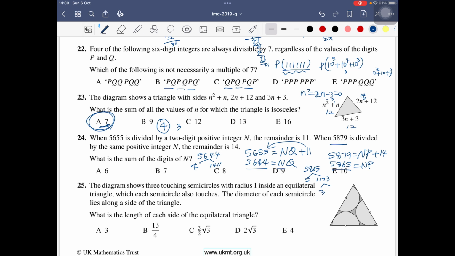So 3, 27, 1. This one, oh, I don't know what can be further. Maybe the sum of the digits of n.